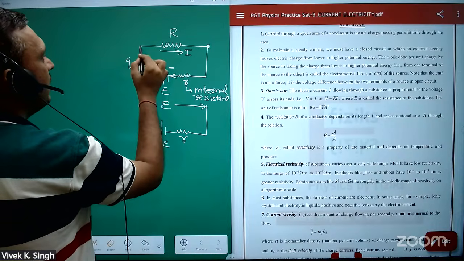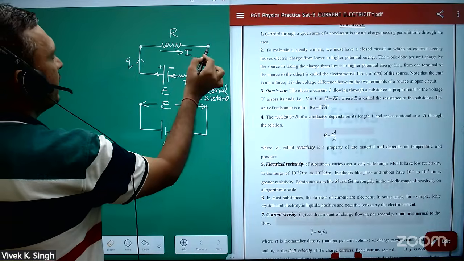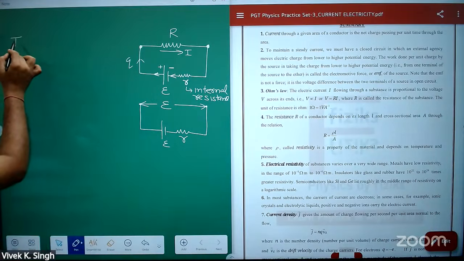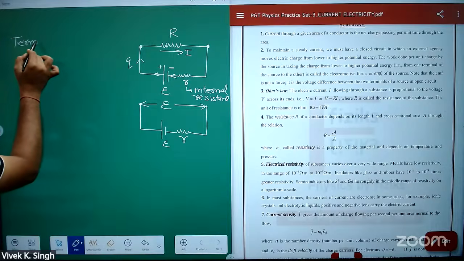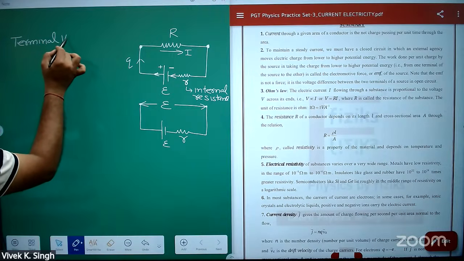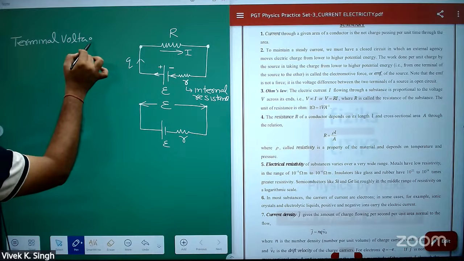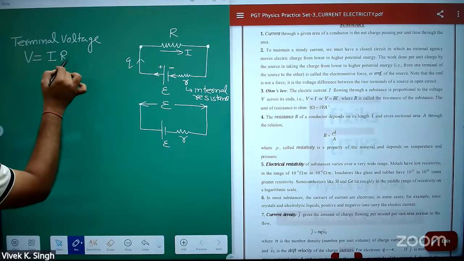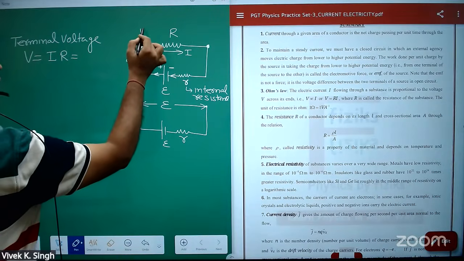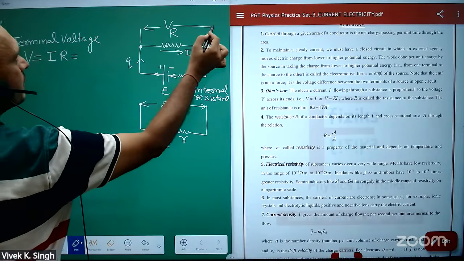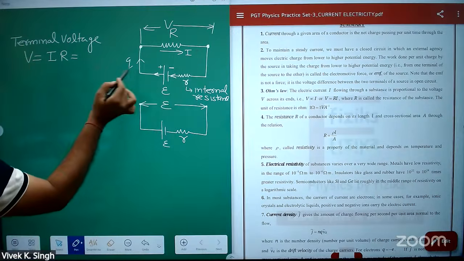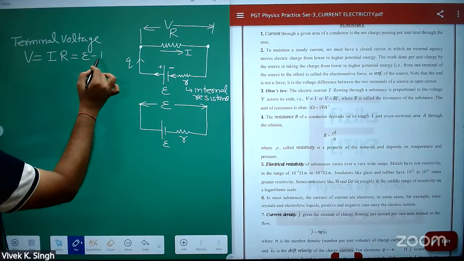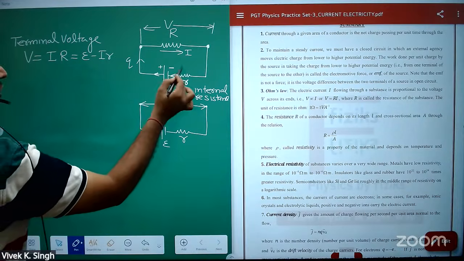And when you connect this, there will be a terminal voltage. The terminal voltage is V, and this V is given by simply I into R. This voltage V will also be given by E minus I into r, because there will be some drop across the internal resistance.